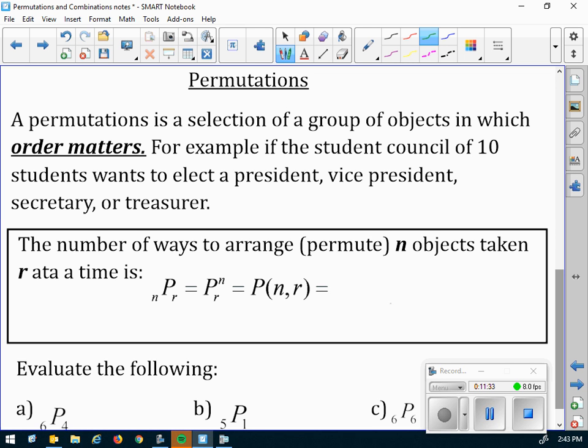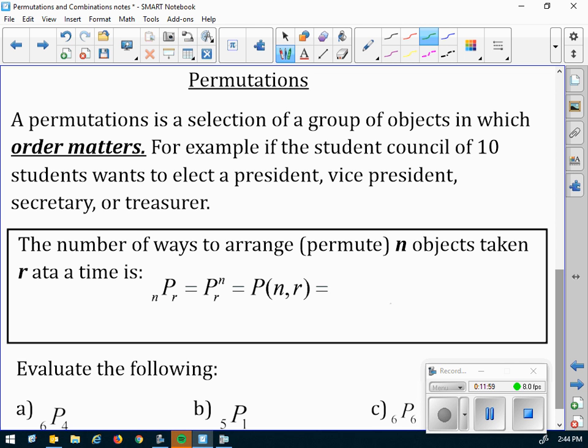Do you know what win, place, and show mean in horse racing? Win means first place. Place means second place. Show means third place. Now, if 20 horses run, how many ways are there to have the 3 winners?